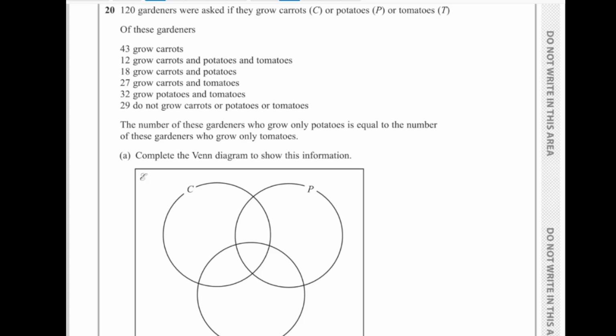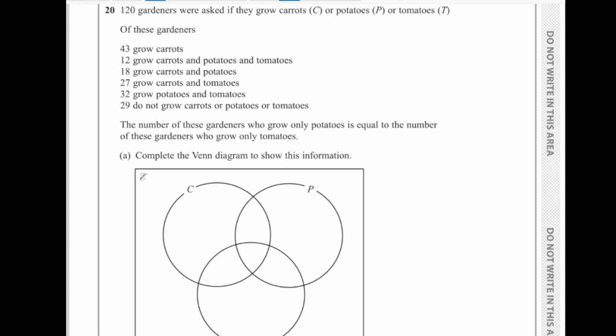So of these gardeners, 43 grow carrots, 12 grow carrots and potatoes and tomatoes, 18 grow carrots and potatoes, 27 grow carrots and tomatoes, 32 grow potatoes and tomatoes, 29 do not grow carrots or potatoes or tomatoes. The number of these gardeners who grow only potatoes is equal to the number of these gardeners who grow only tomatoes. Complete the Venn diagram to show this information.